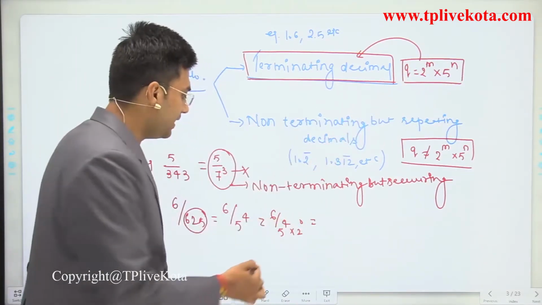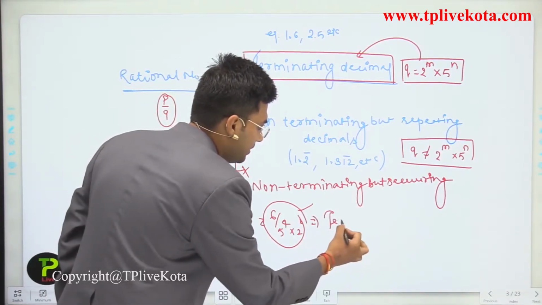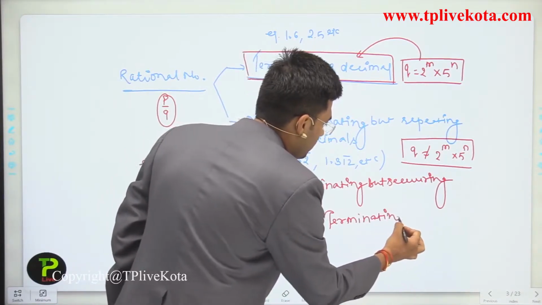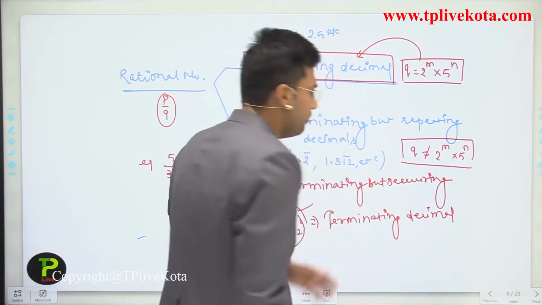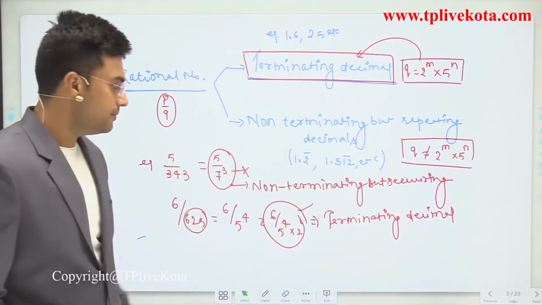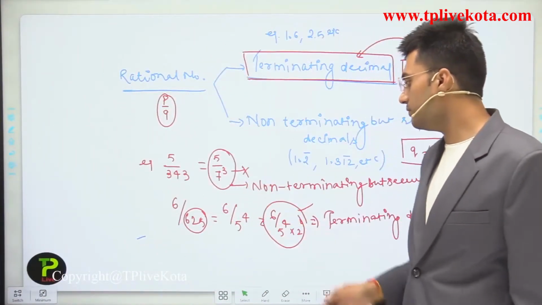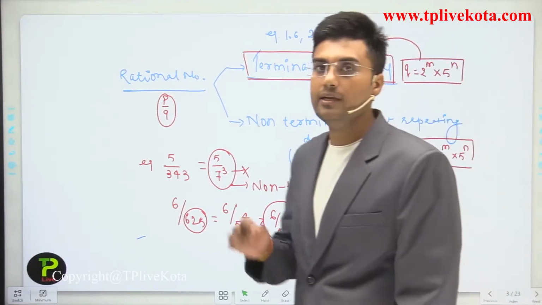So we can say that this is a terminating decimal. Both the examples are rational numbers, but the decimal representation is different for both. One is non-terminating but recurring, and the second is a terminating decimal.